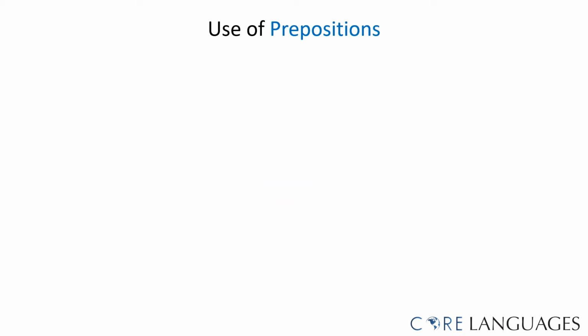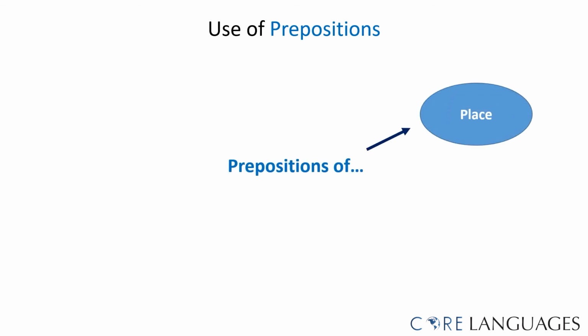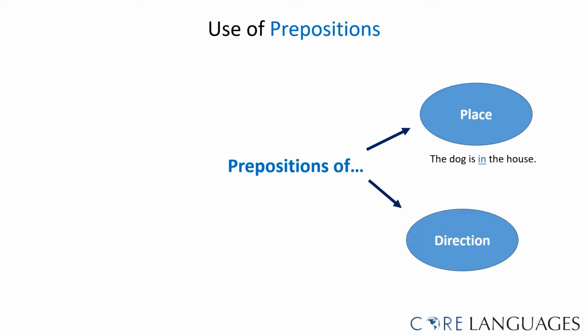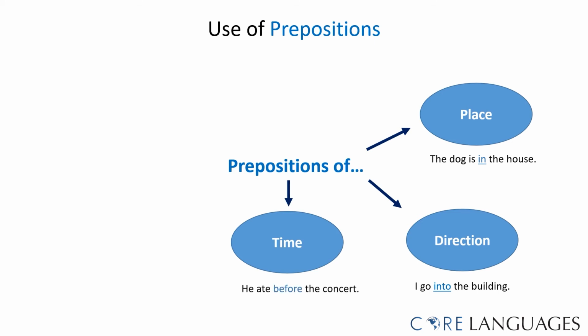It is important to understand that one single preposition can be used in multiple categories depending on the context of the sentence. For example, there are prepositions of place. The dog is in the house. There are also prepositions of direction. I go into the building. There are prepositions of time. He ate before the concert.